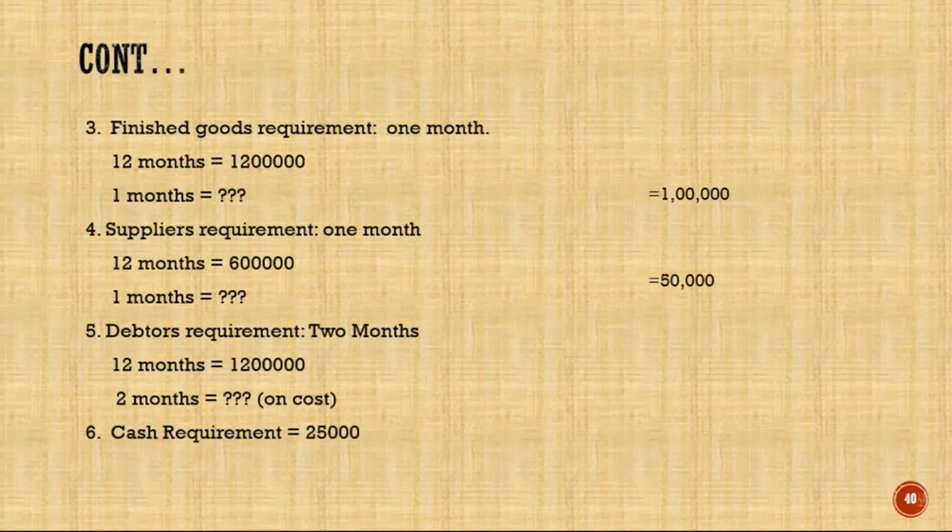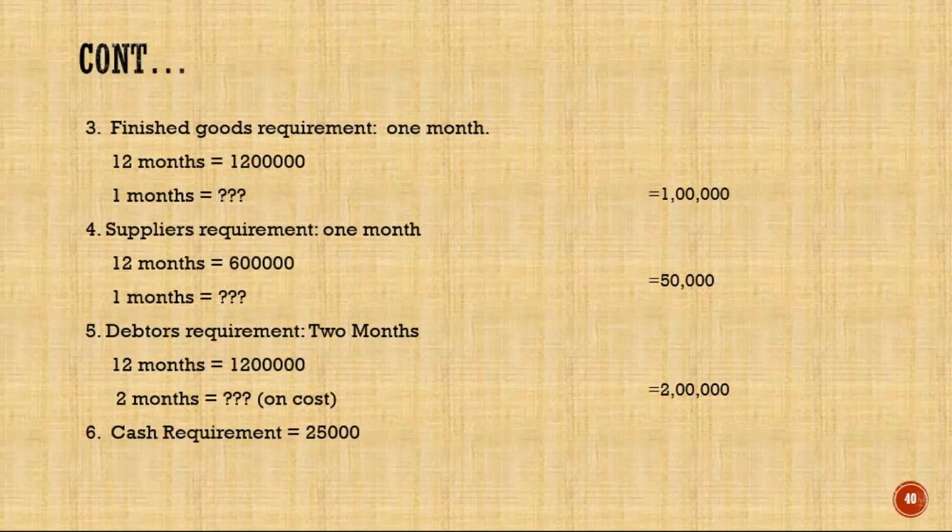Suppliers requirement is 50,000. Debtors requirement is 2 lakh. And the already given cash requirement is 25,000. So we have completed all the information which is the base for calculating the working capital requirement. Now we have to prepare a statement of requirement of working capital for the given company.